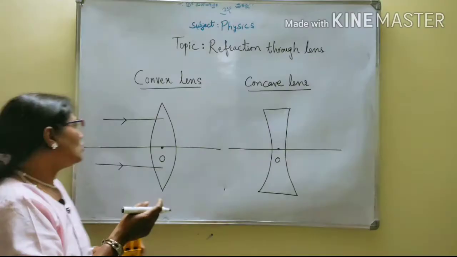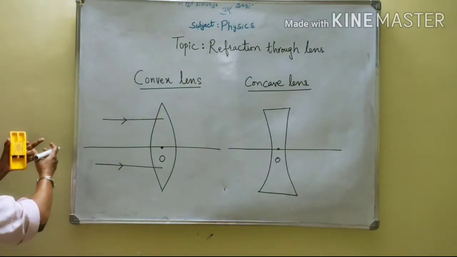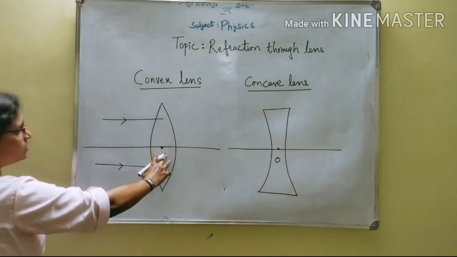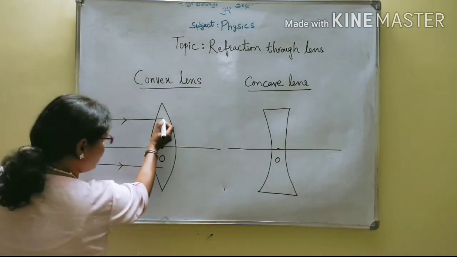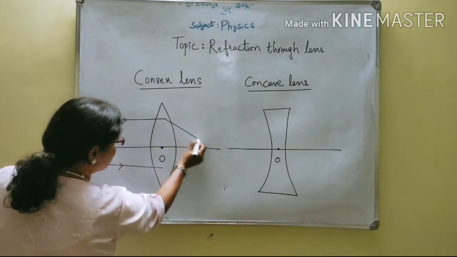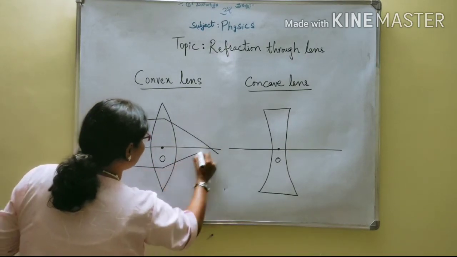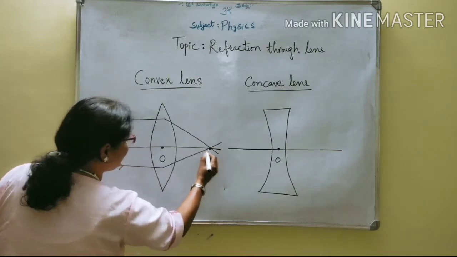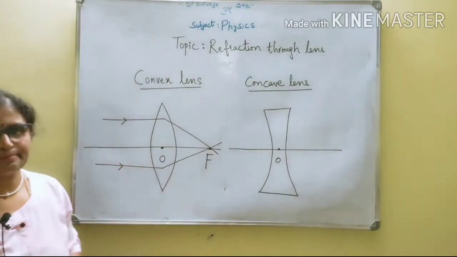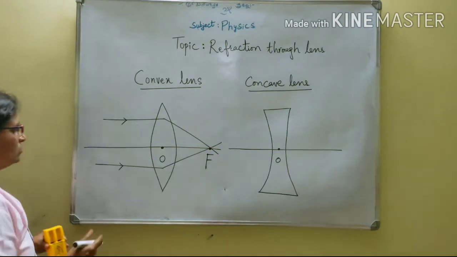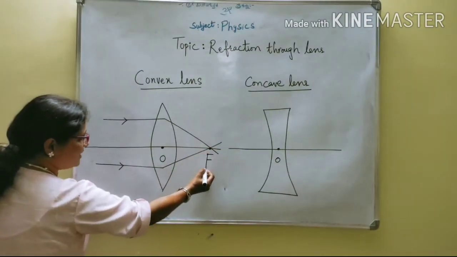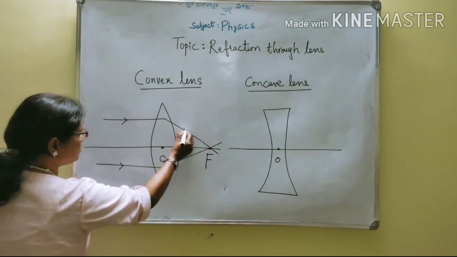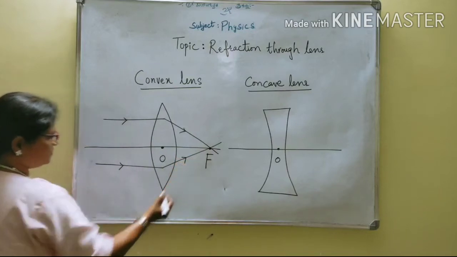Okay, so basically from the source of light, the incident rays fall on the convex lens and after refraction they converge, they meet at a point on the principal axis and that particular point is called the focus. And this focus is represented by capital F. So these are the refracted rays.